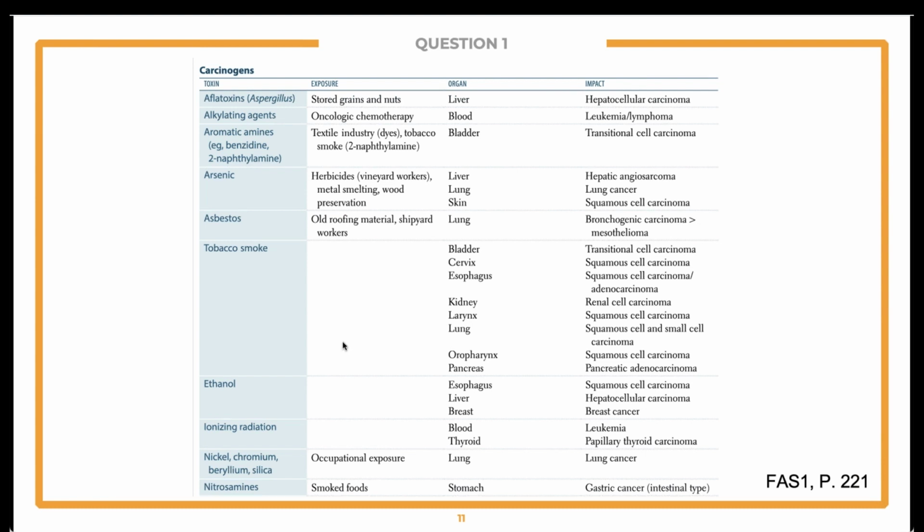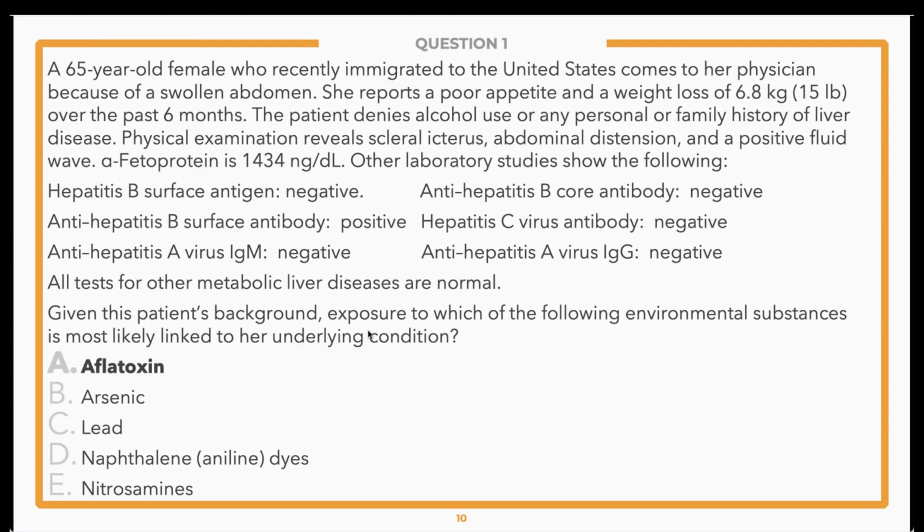So let's take another look here at the other answer choices. Nitrosamines are found in cured meats such as bacon, and associated with esophageal and stomach cancers. Naphthalene dyes are associated with transitional cell carcinoma of the bladder.